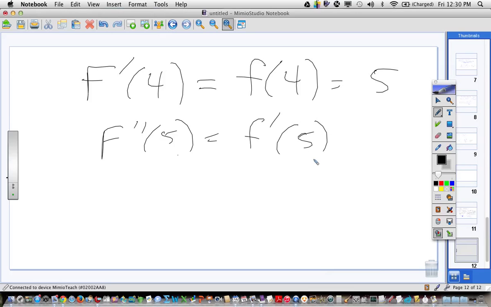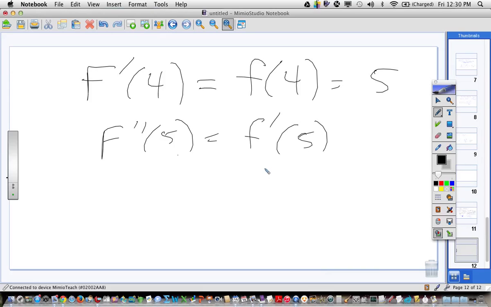Explain why f double prime has its minimum value at 4.67. Well, that's this point right here, 4.67. What is that point? That's the inflection point. Why is that the minimum? Well, that's where the slope is the most negative, right?